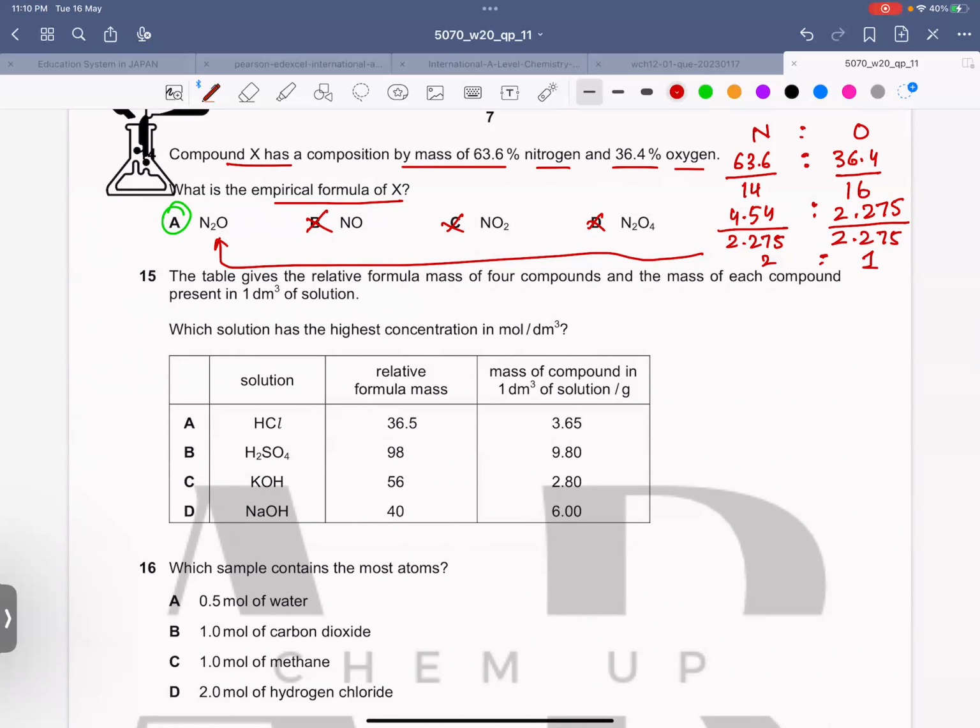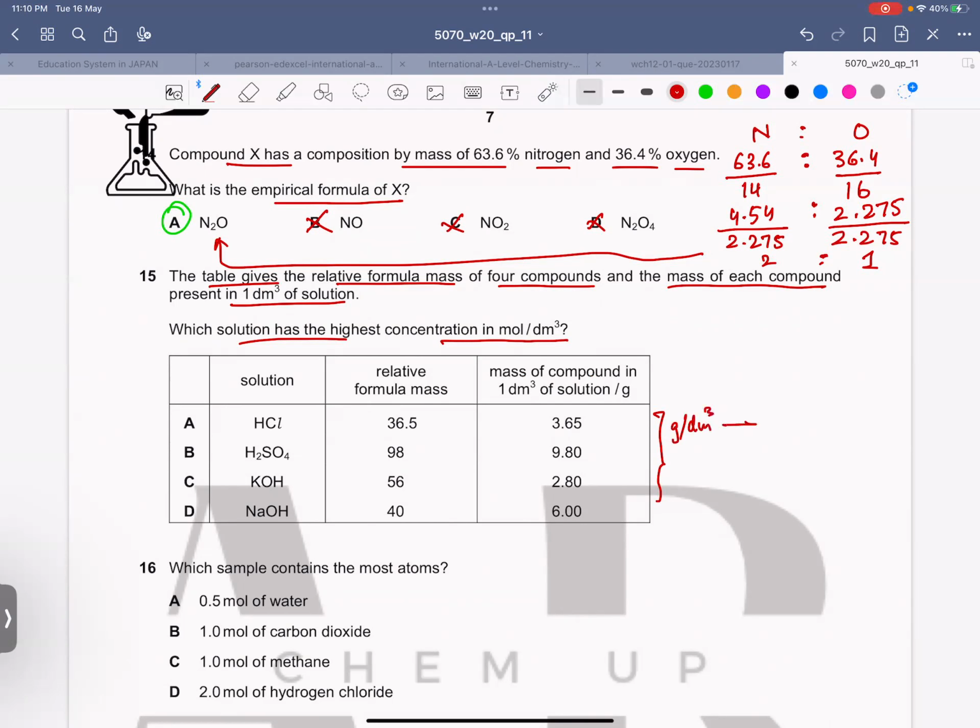Now, question number 15. The table gives the relative formula mass of 4 compounds and the mass of each compound present in 1 dm cube of solution. Which solution has the highest concentration in mole per dm cube? Okay. So we have to find the moles because all of these are actually gram per dm cube.